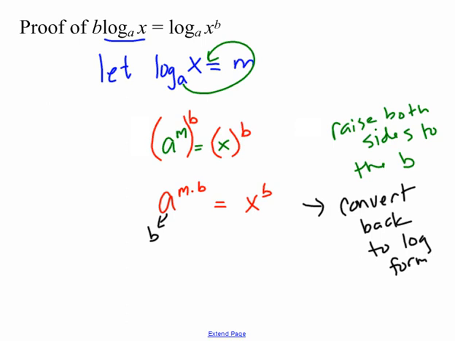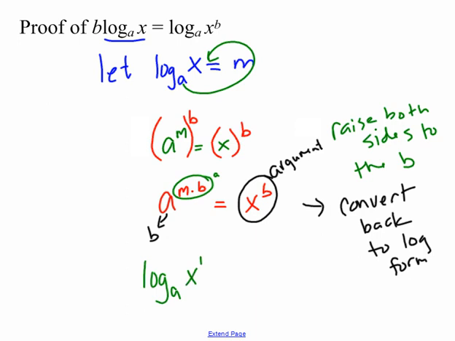All right, the answer becomes the argument, and the m plus n becomes the equals. Okay, so I becomes the answer here. So when I write this, I write log base a of my argument x to the b equals m times b.